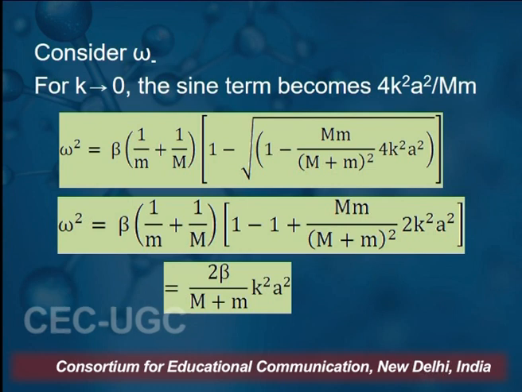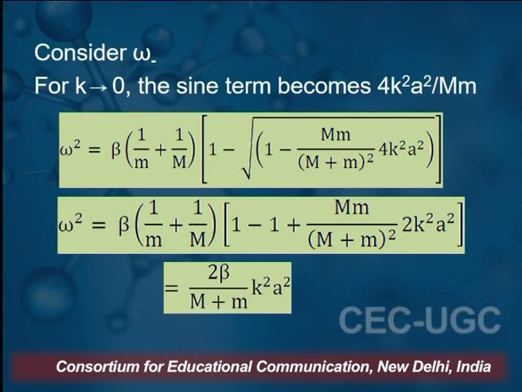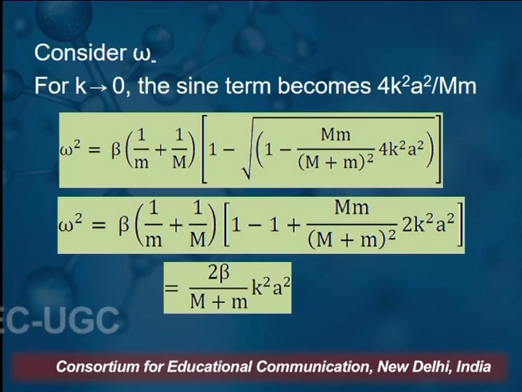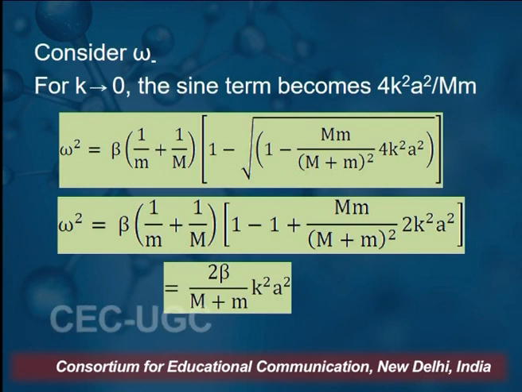Now, consider omega minus. Again, for k tending to 0, the sine term cannot be neglected. So, by making a Taylor series expansion and taking only the first order term, we get that to be equal to 4 k square a square by mM.